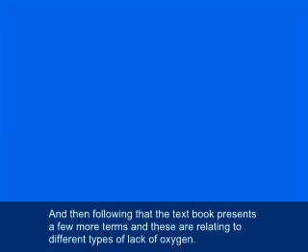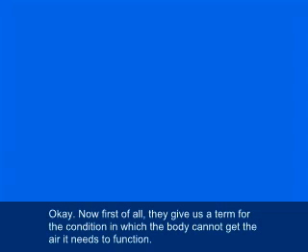And then, following that, the textbook presents a few more terms, and these are relating to different types of lack of oxygen. And some of these can be a little bit tricky too, so I'm going to go over these with you. Pronunciation's not such a problem, but just getting the terms straight can be. Okay.